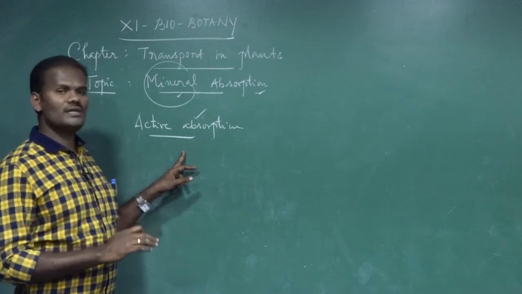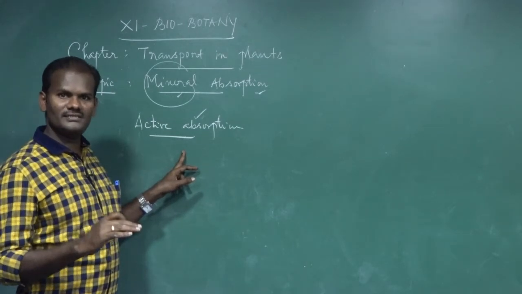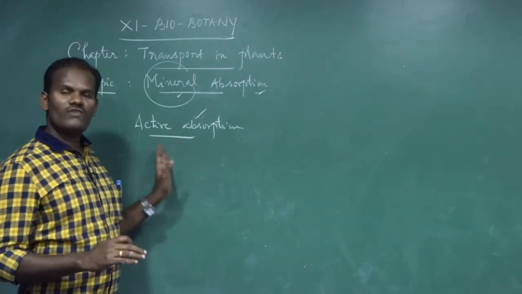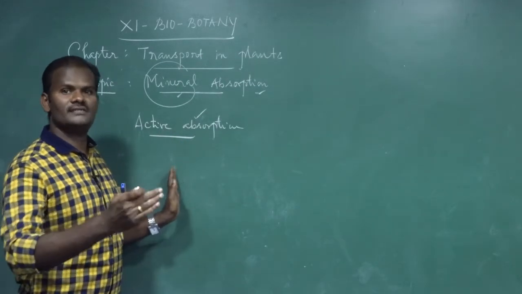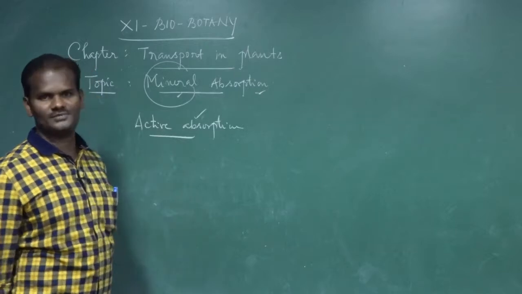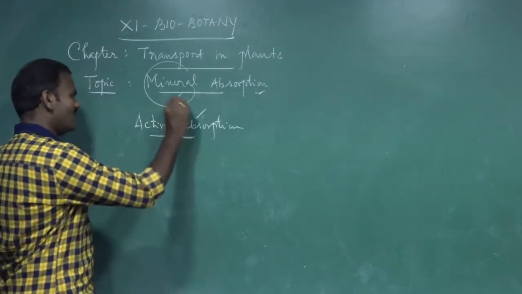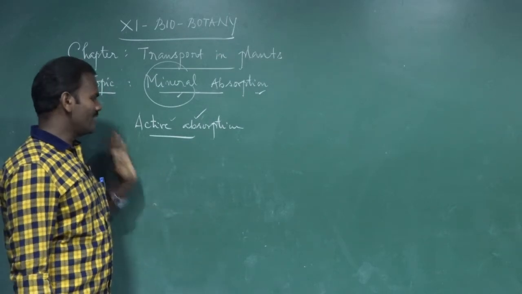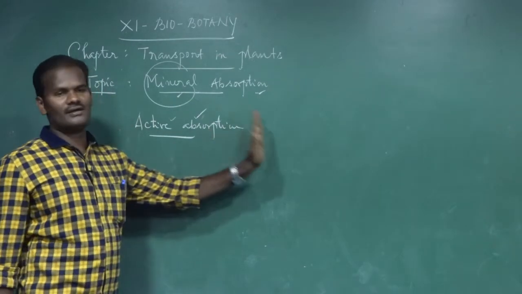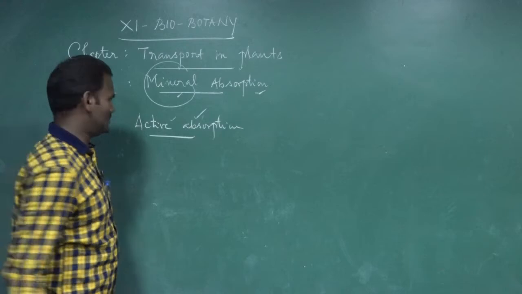By the utilization of ATP or metabolic energy, ions move from lower concentration to higher concentration. This is called moving against the concentration gradient, and is called active absorption. Here energy is required in the form of ATP. They utilize the ATP and move from low concentration to high concentration. This is called active absorption.